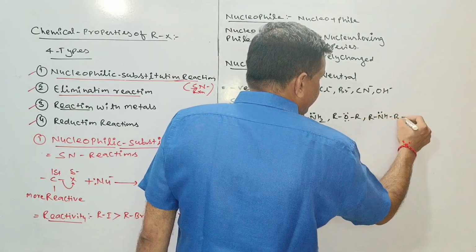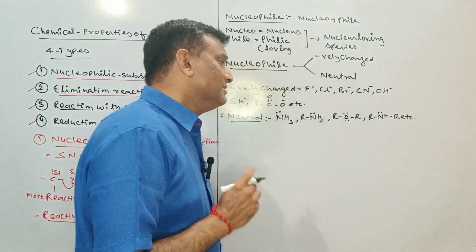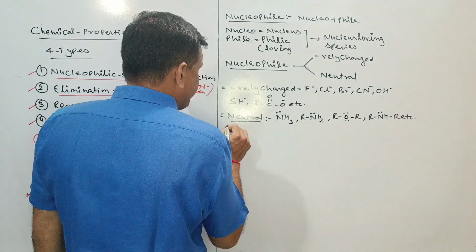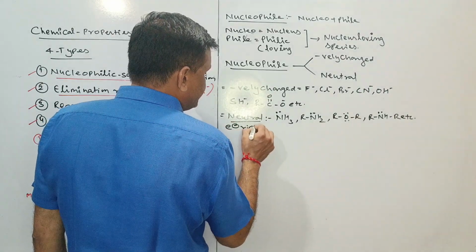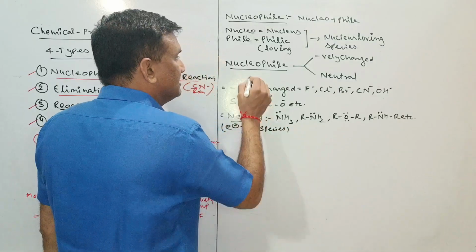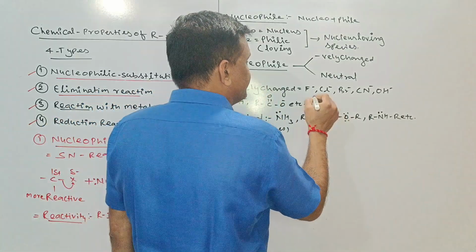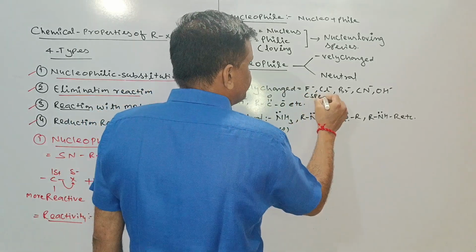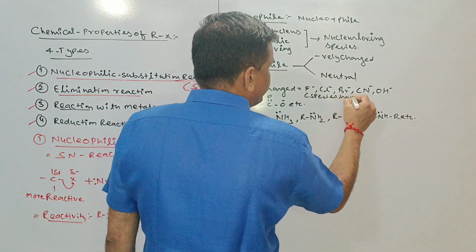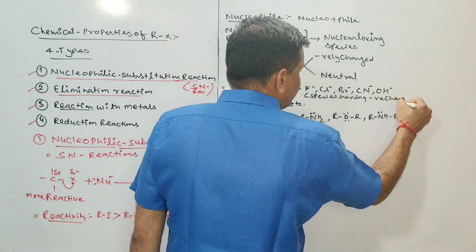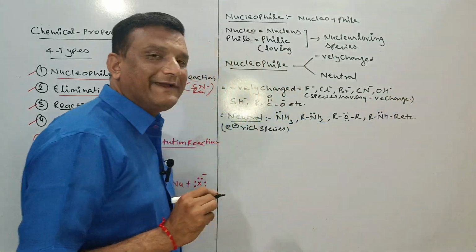Due to the presence of a lone pair of electrons, these are all electron rich species, and these are not the species having negative charge. So this was about the nucleophiles.